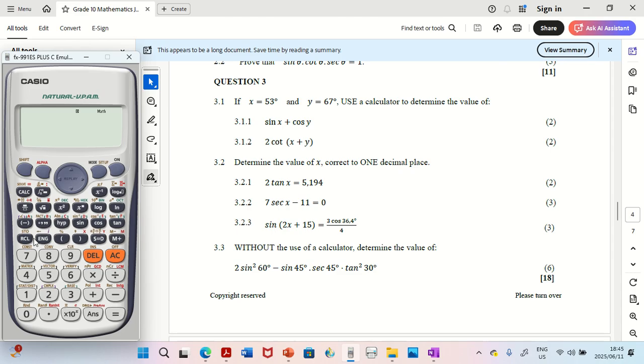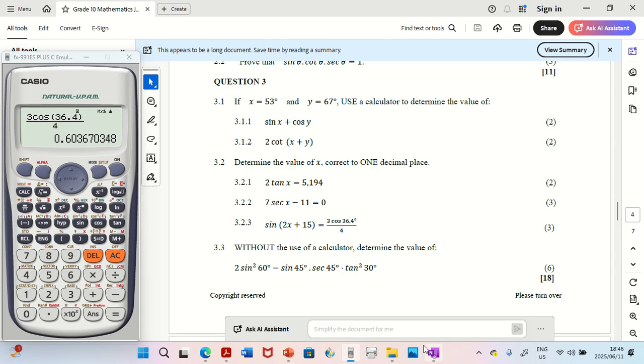If I simplify here, I'll have 3 cos 36,4 divided by 4, which is equal to 0,63670 and continuing.